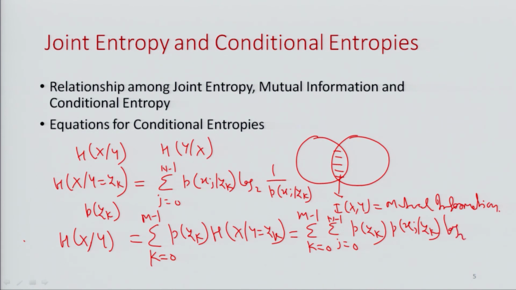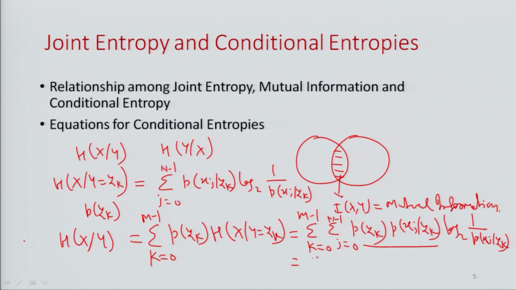into log base 2 of 1 upon p(x_j | y_k) with varying k. Now, this term p(x_j | y_k) into p(y_k) is basically the joint probability p(x_j, y_k), as discussed in the last slides already.